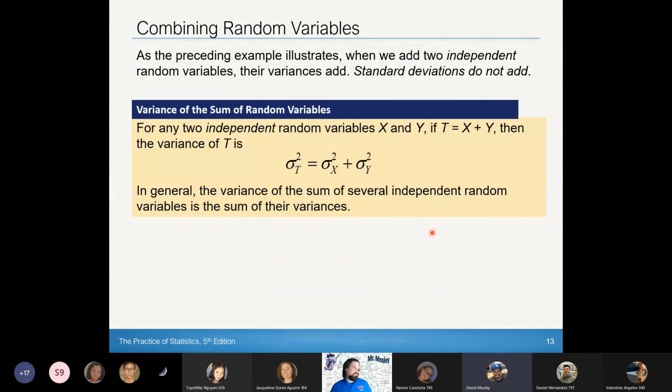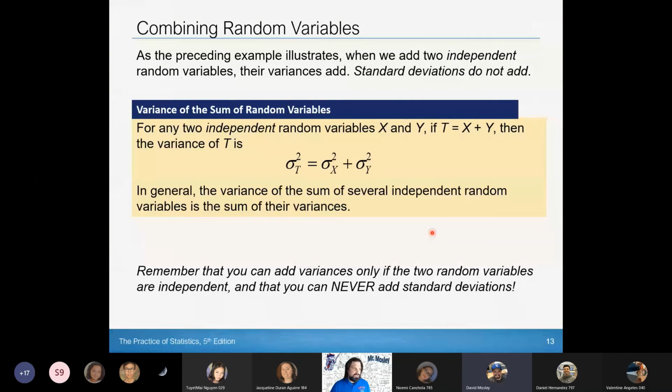So if I have two random variables that I'm adding, or 10 random variables that I'm adding, I can determine the variance of that sum by adding the variances of each individual independent random variable. Once again, remember that you can add variances only if the random variables are independent, and that you can never add standard deviations. Don't do it.